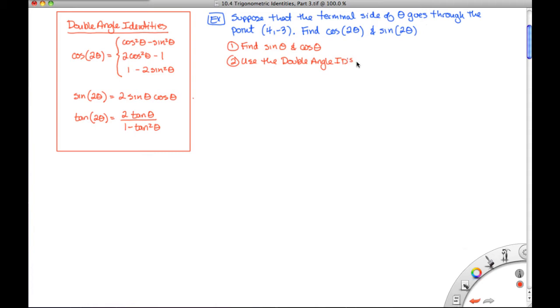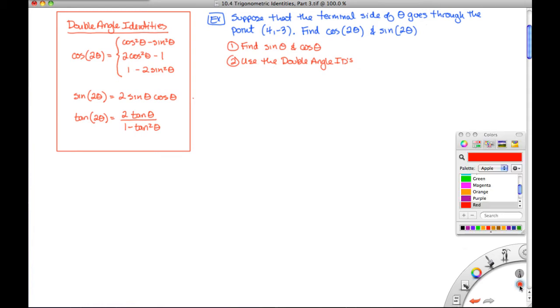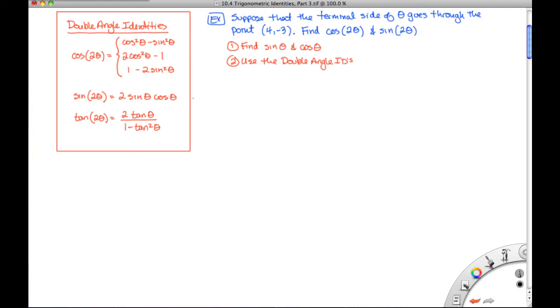To get an idea of what we're looking at here, I'm going to sketch a quick graph. Sometimes this is really helpful with these problems when we're talking about angles of rotation and points on a plane, to get a reference. So I'm just going to draw a quick XY plane.